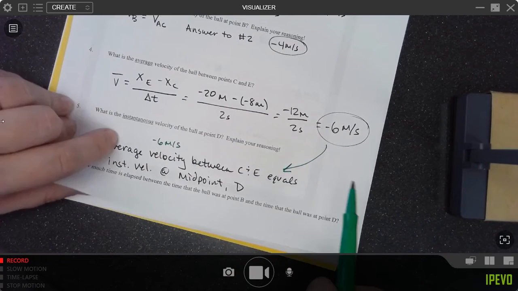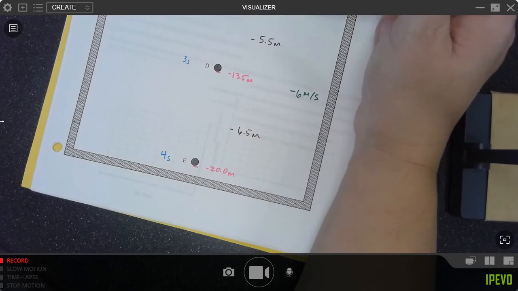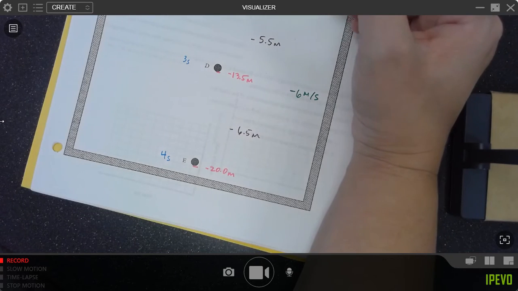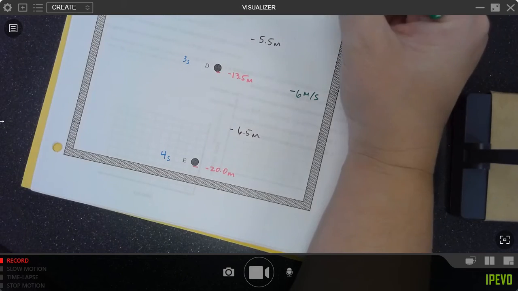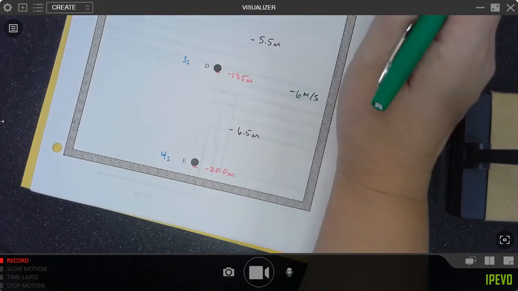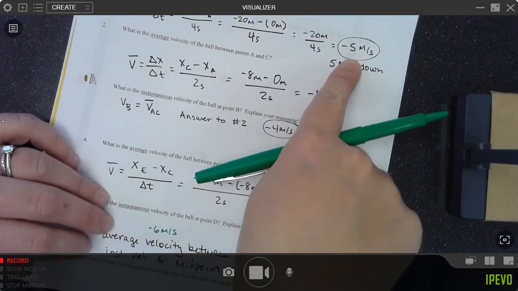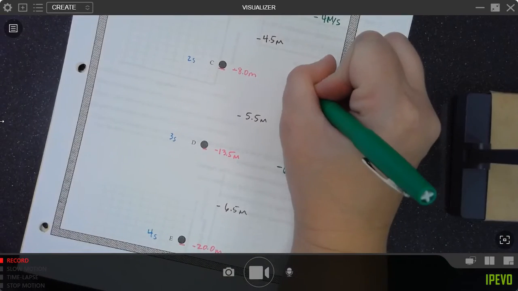Have we already calculated what the instantaneous velocity at C is? Did we calculate the average velocity between B and D or A and E? We did A and E in number 1. So this minus 5 meters per second is right here.